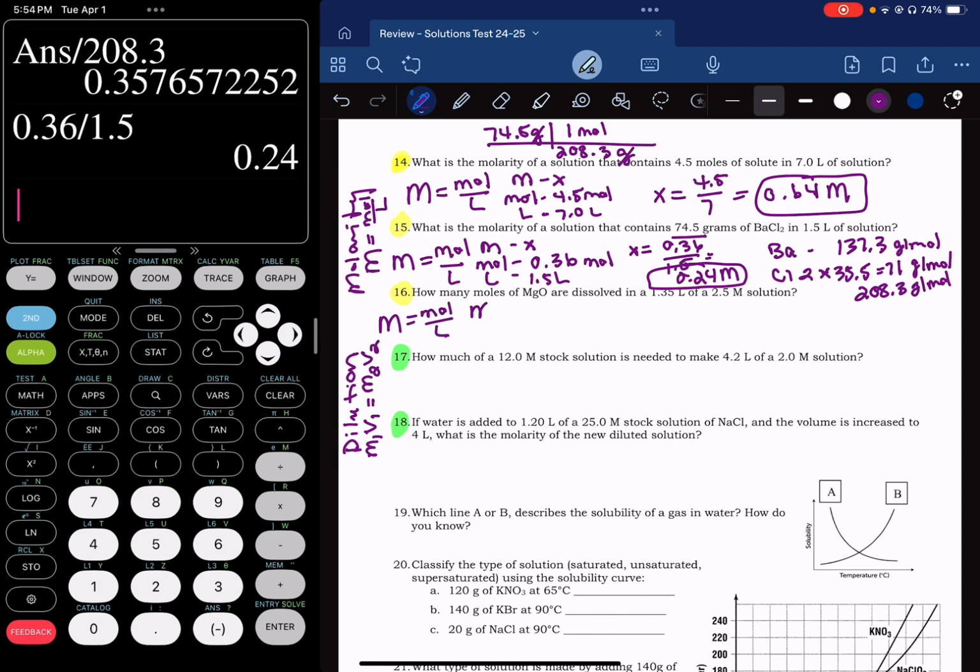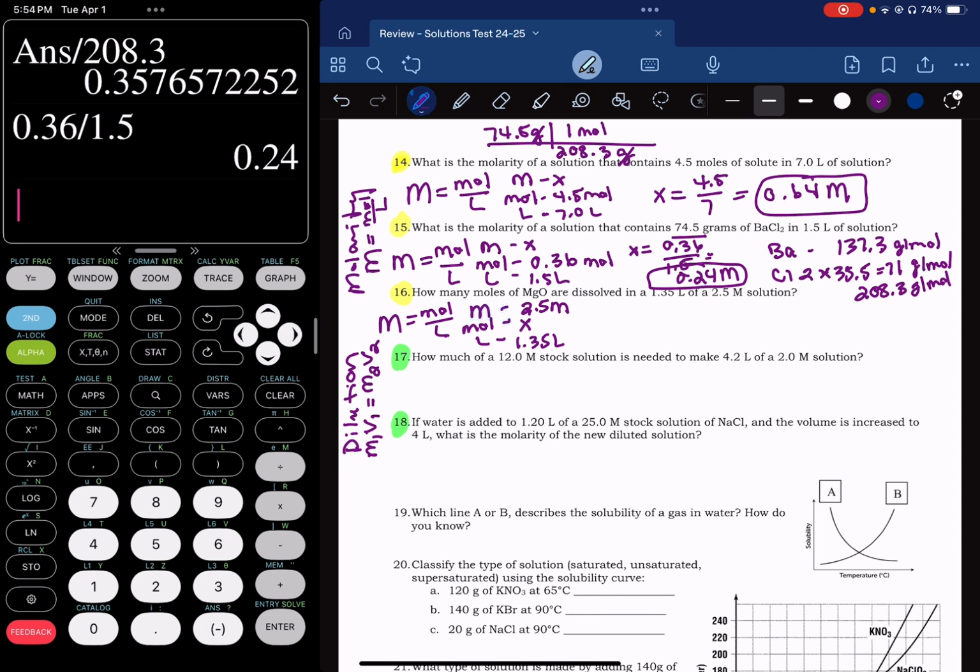And we have big M, mole, and liters that we need to define. And so the problem's asking how many moles, so that's going to be our X. The volume given is 1.35 liters. And then the molarity is 2.5 big M. Okay, that means we have a 2.5 molar solution, a concentration of 2.5 moles per liter.